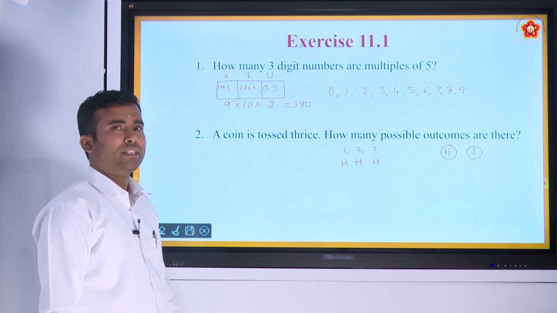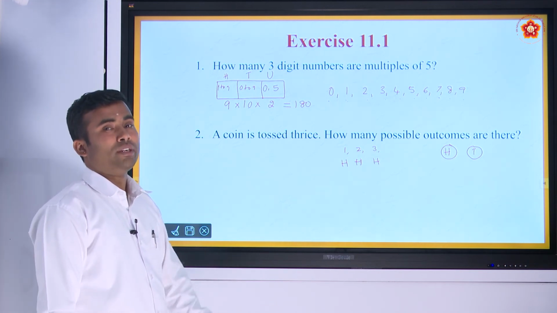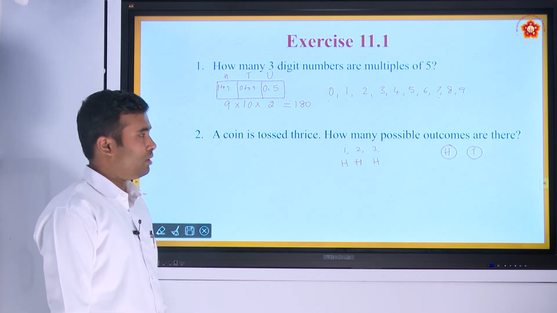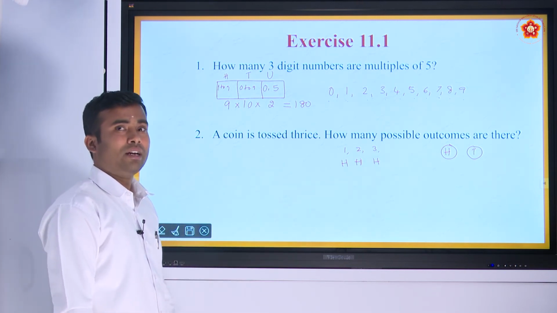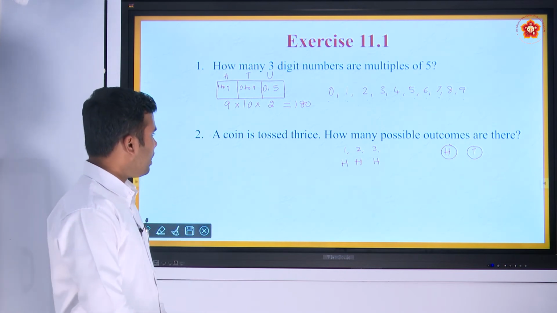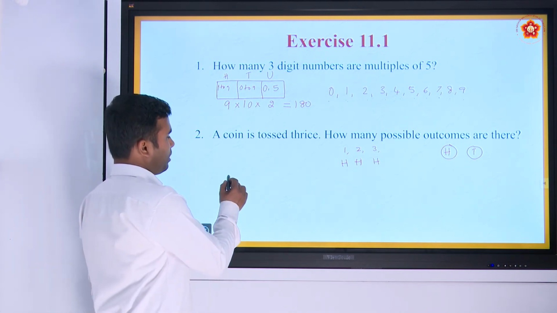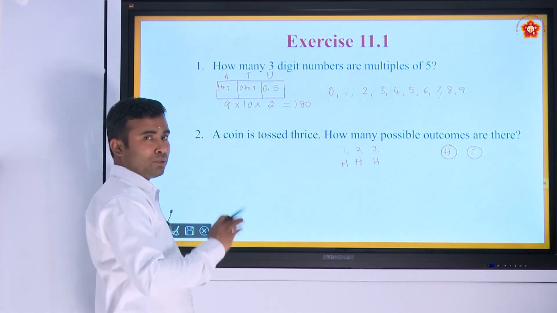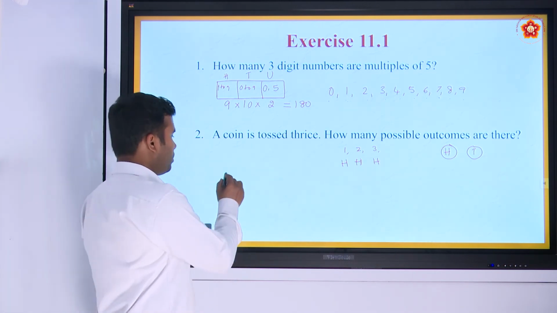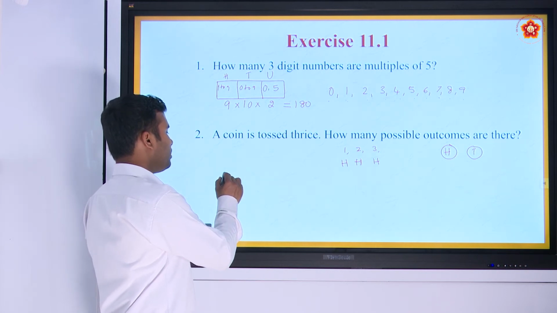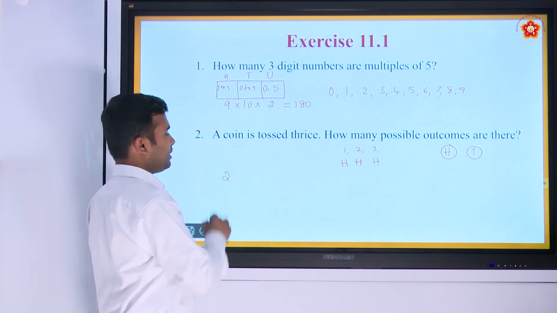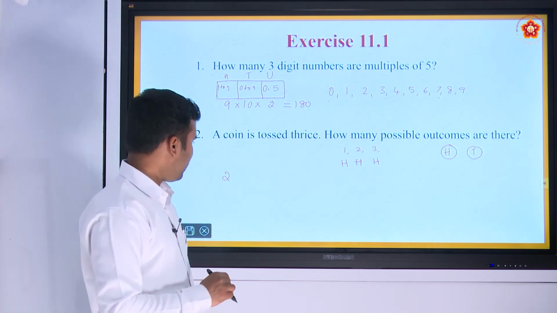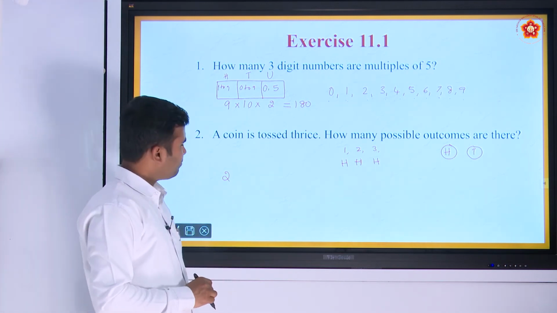Similarly, we have to find how many outcomes are possible when you toss a coin 3 times. Without actually finding like in this way, I am using the principle of counting. If you toss a coin, there are 2 possibilities: one is head, one is tail, as I already told you.